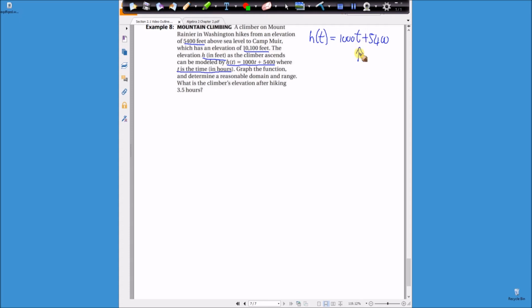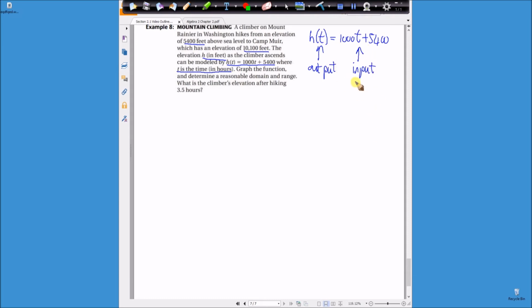The thing that is independent is t, the time in hours. How much time he spends determines his height. That's basically what they're saying here. So this would be my input, or my independent variable, and this would be my output.